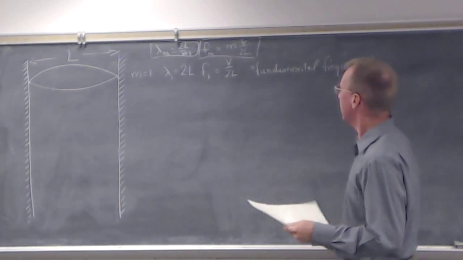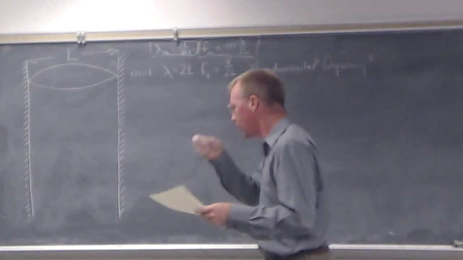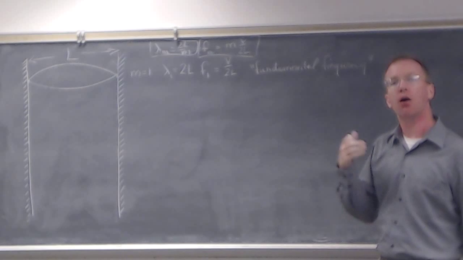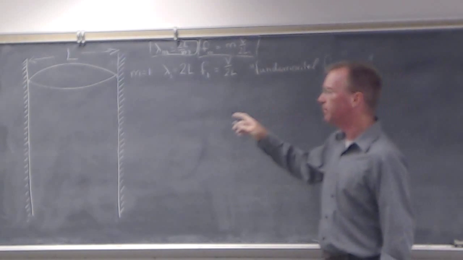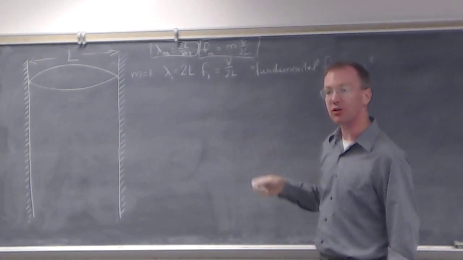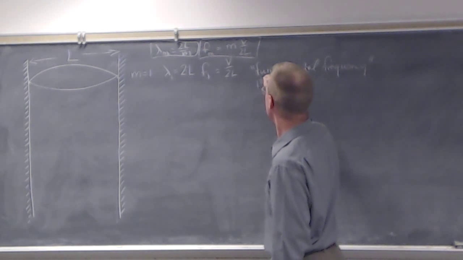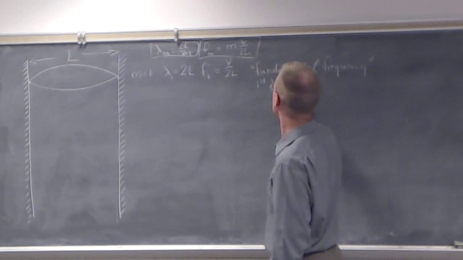Now, we also refer to these vibrating strings by their harmonics. M, the mode of the vibration, is also called the number of the harmonic. So this is the first harmonic.